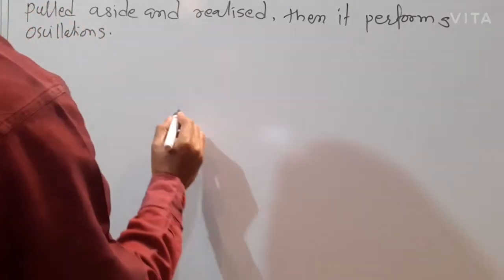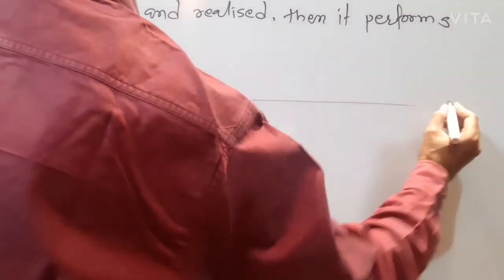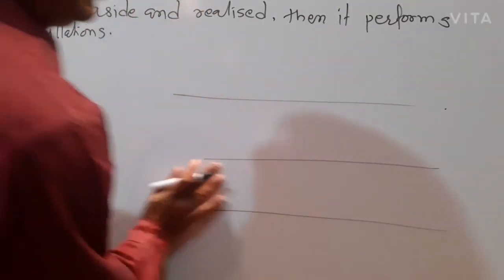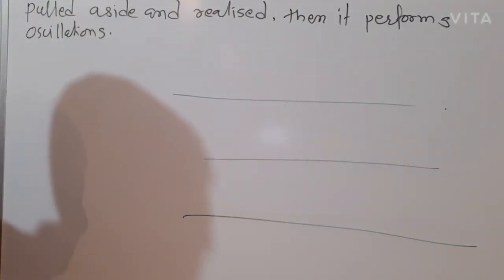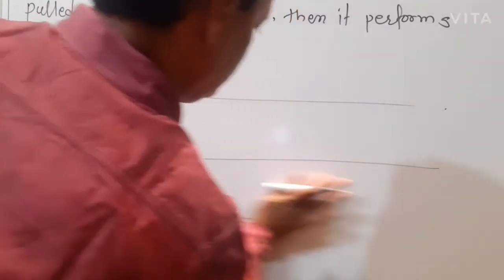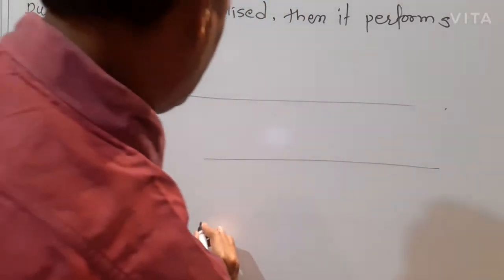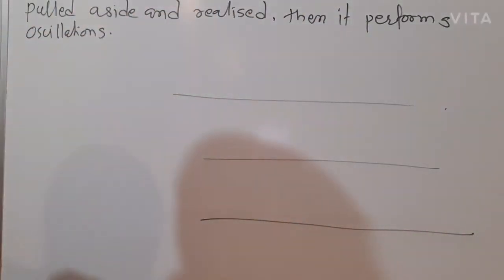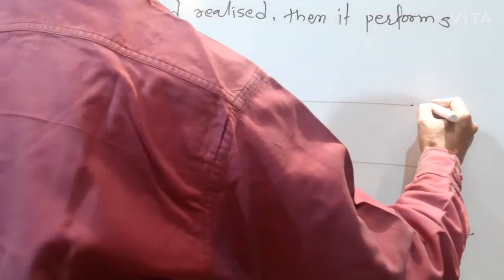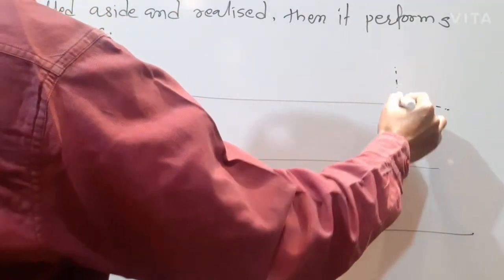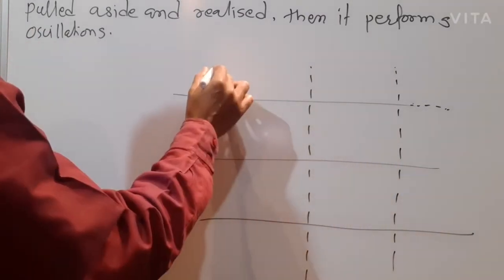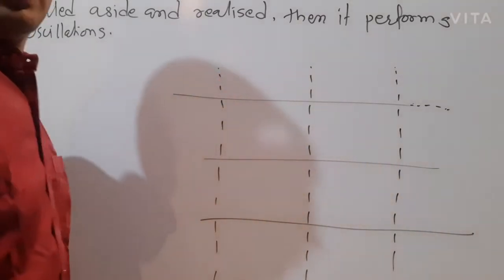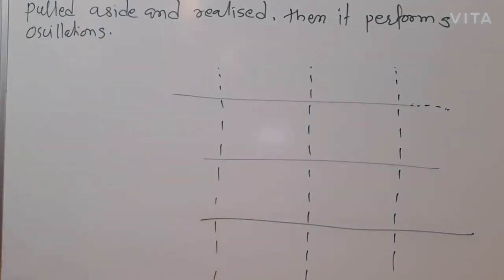For the diagram, let us draw three horizontal lines at equal spacing, and then three vertical dotted lines at the same spacing.